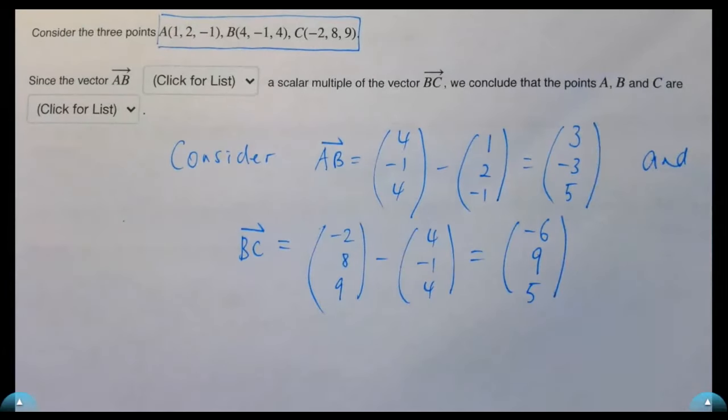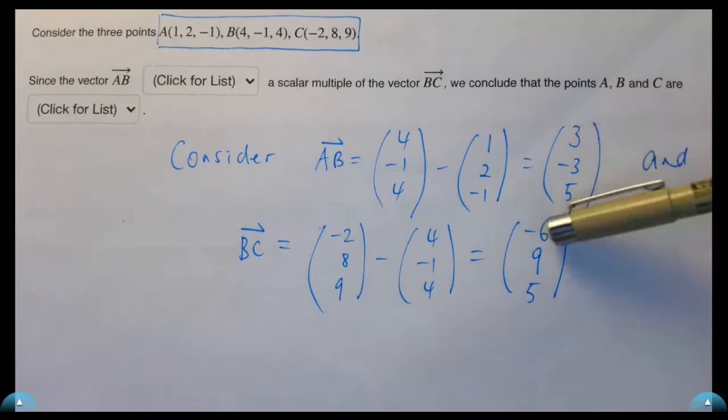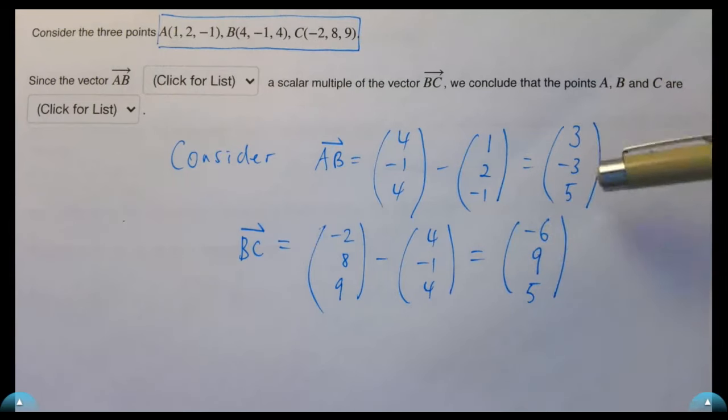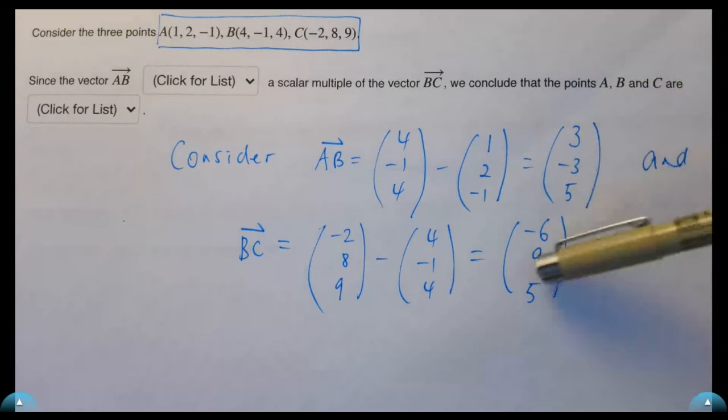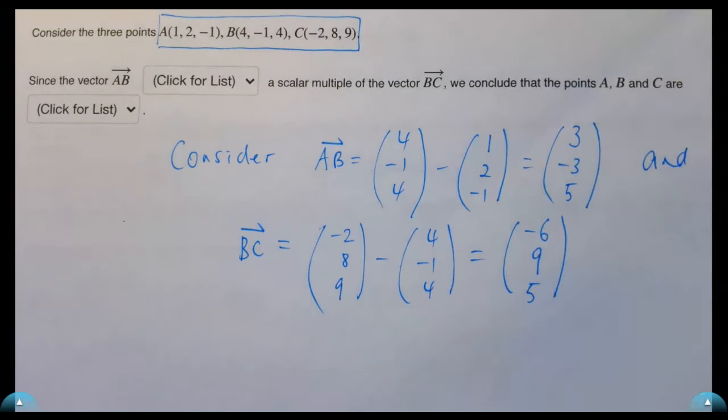Now, the question is, this and this vector, are they scalar multiples of each other? That is the question. So I can see a few people on the chat are saying no, right? You can't, although you can multiply 3 to get -6, you multiply by 2, of course, you can't multiply this number by -2 to get that number.